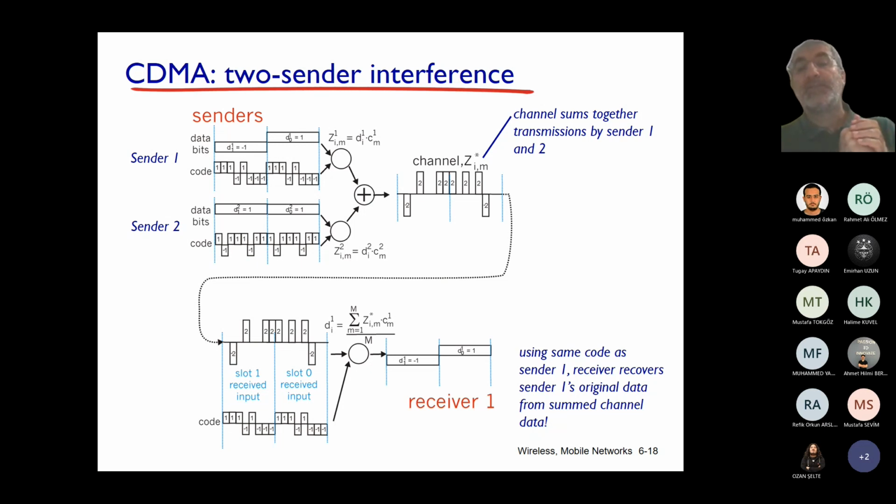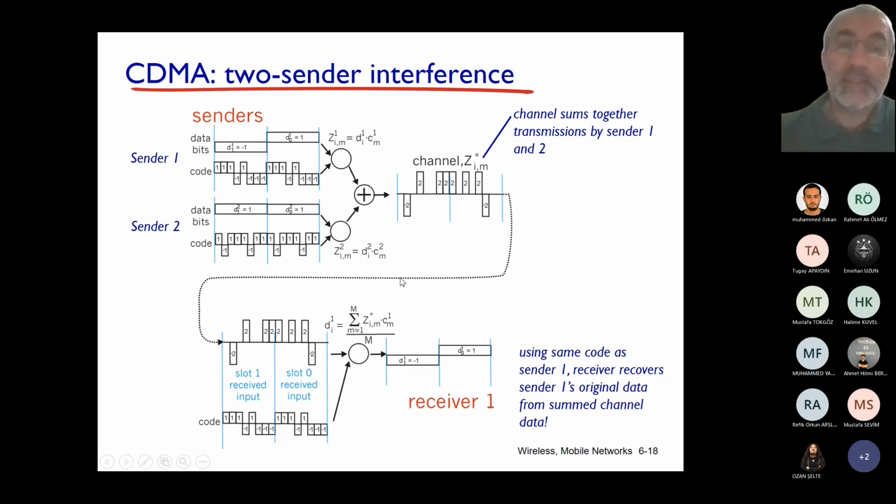Now, as receiver 1, it's my responsibility to extract only the sender 1 information and remove sender 2. This is done automatically when I multiply with my unique code. As you see, when you multiply with the unique code, you only extract your information, which is the sender 1 information.